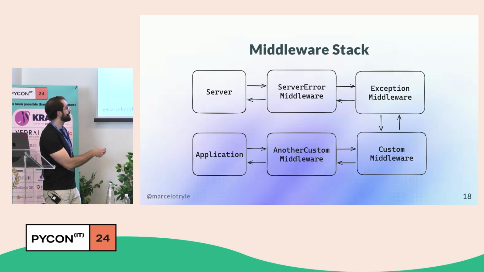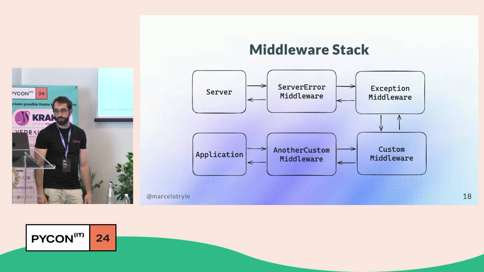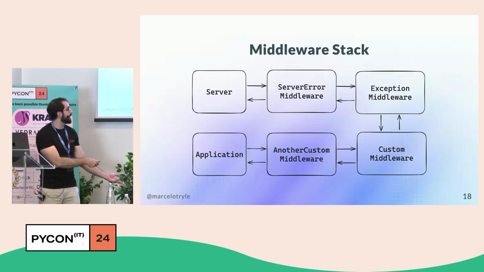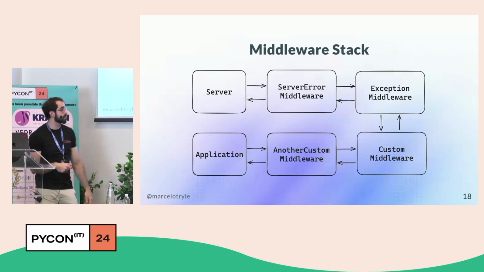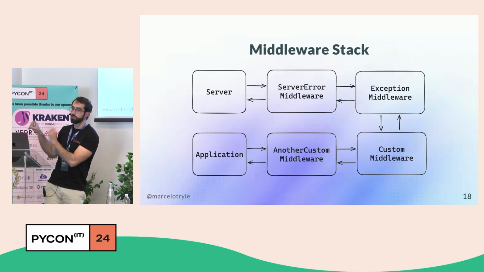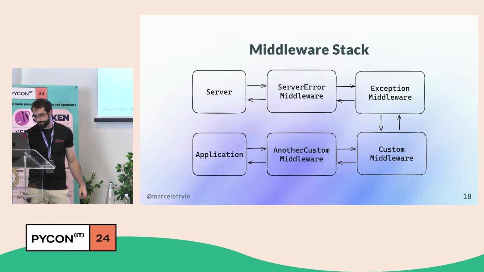So for example, if you handle, I don't know, 421, I have no idea which one that is, then you're going to send whatever you defined in the decorator. If it's not defined here, then it pops up, the server error middleware handles it and sends a 500. And then it sends back to the server. The server is responsible for sending that information to the client.